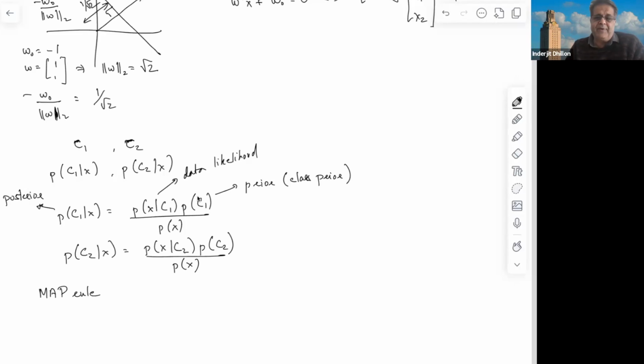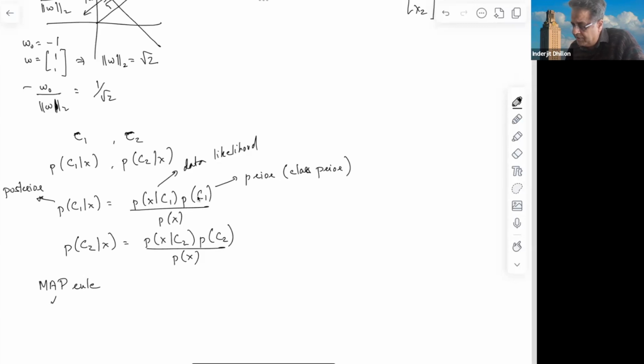Because remember, the goal is to finally assign a class to this X. So the MAP rule is the maximum a posteriori probability.